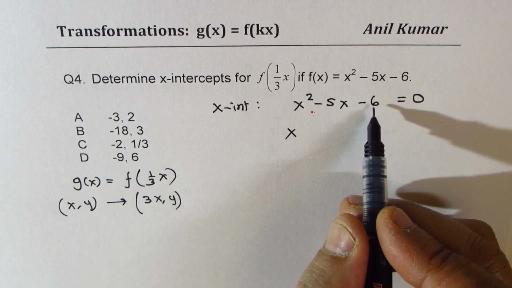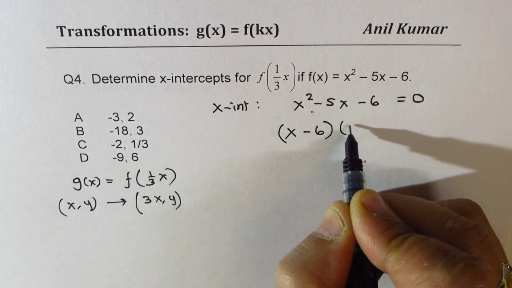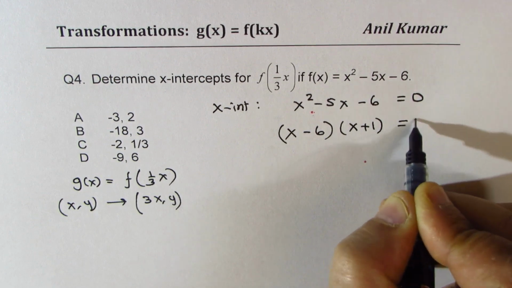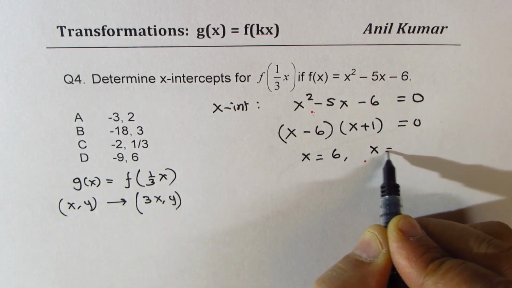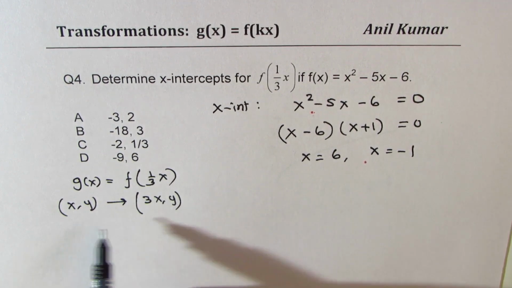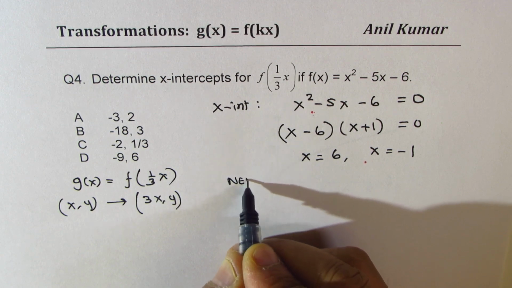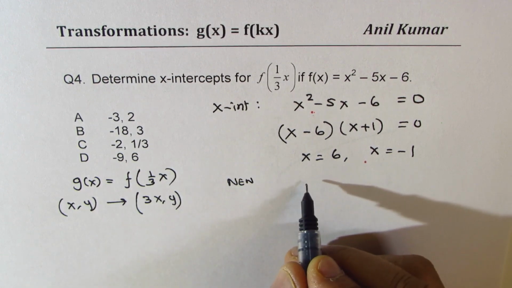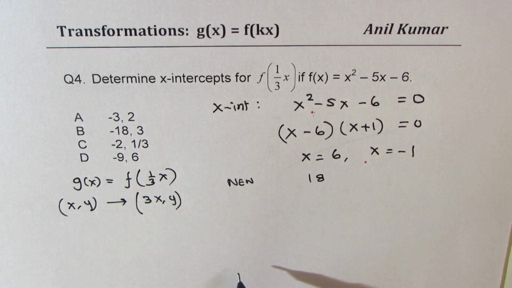So it could be factored. Minus 6 means 6 times 1, which will give us minus 5 if we have minus 6 and plus 1 as the combination, right? So that means the roots are at x equals to 6 and at x equals to minus 1. So if I do 3 times 6, the new roots will be at 3 times 6, which is 18, right?